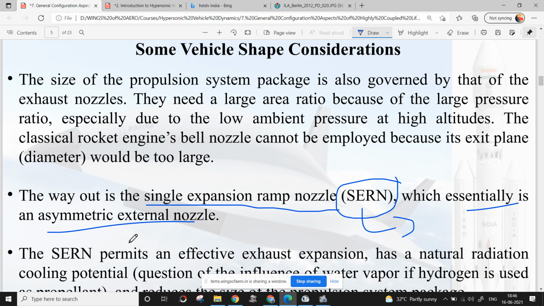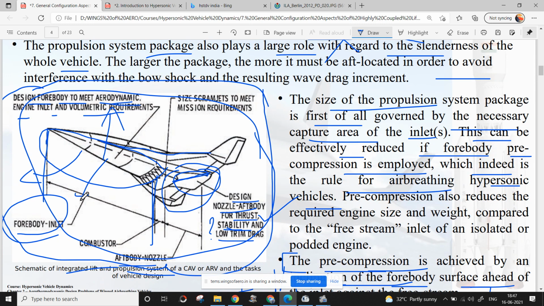We will see about SERN in depth in the upcoming sessions, along with the forebody section. I have to explain how the forebody is going to help for aerodynamics, and also how this nozzle, the SERN, is going to help for stability.